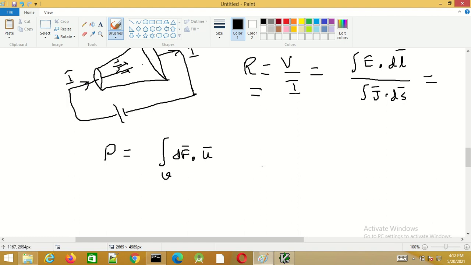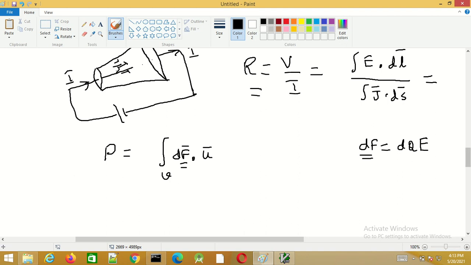We know that the power is given by force into velocity, or the dot product of force and velocity. Here this dF is the force acting on the charge dq, which is present in a volume dV. For example, let us say a volume dV is present here.